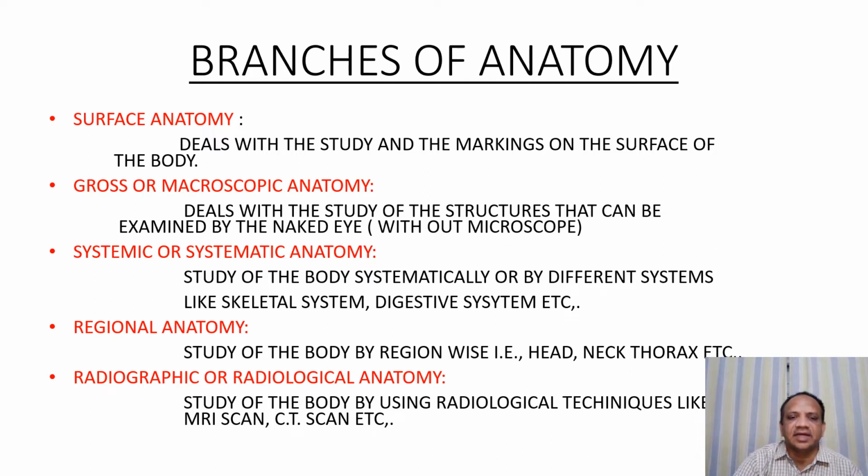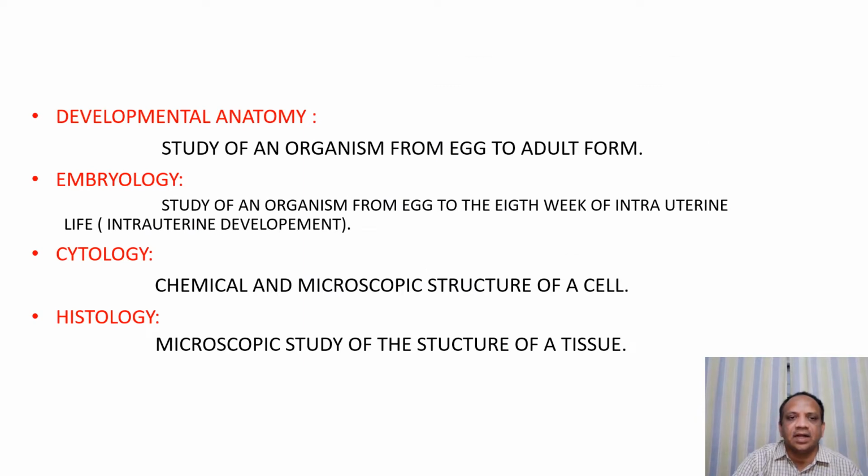Systemic or systematic anatomy is the study of the body by different systems like the skeletal system, digestive system, etc. Regional anatomy is the study of the body region-wise, that is head, neck and thorax, etc. Radiographic or radiological anatomy deals with the study of the body using radiological techniques like MRI scan, CT scan, etc. Developmental anatomy deals with the study of an organism from egg to the adult form.